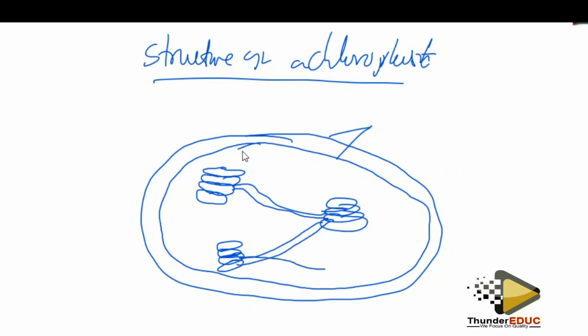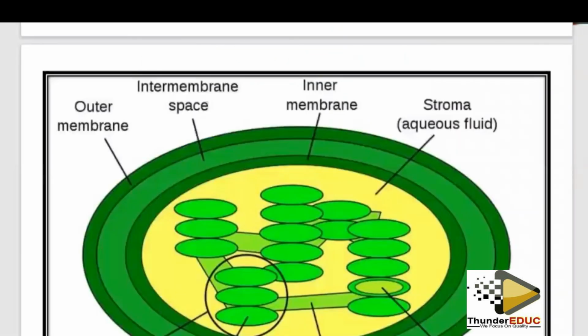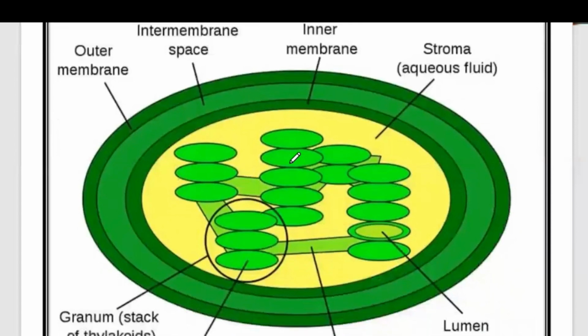This one is also connected. So it keeps on connecting, one sac and another sac. That's what you see here. So it has the outer layer, then the intermembrane space, meaning the space in between the two layers, and then the inner layer. So these are the sacs we are talking about.